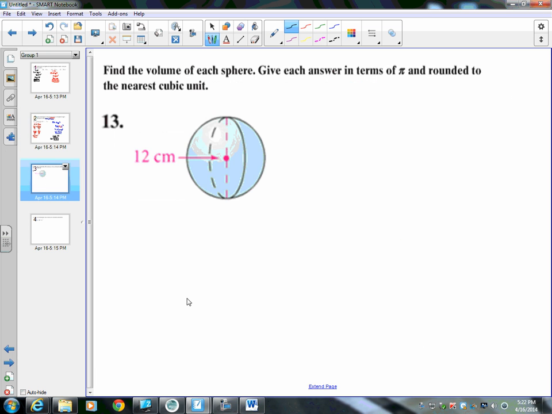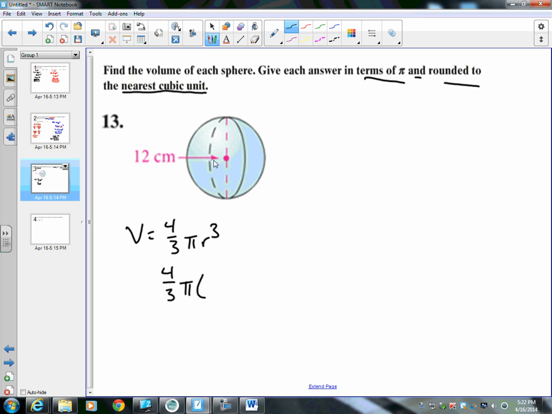Next question. Skipping down to number 13, it says find the volume of each sphere. It says give each answer in terms of pi and rounded to the nearest cubic unit. So how do I do this? Well, volume of a sphere is 4/3 pi r cubed. The only thing we can plug in is our radius.